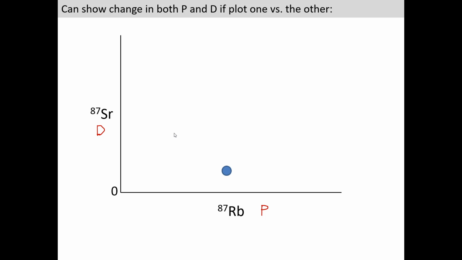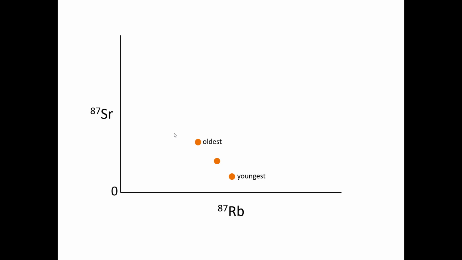And since there's a one-to-one relationship, this line that shows the path of the rock as time passes should have a slope of -1. So the youngest rock plots at the bottom right, and the oldest rock plots in the upper left, and this has a slope of -1.